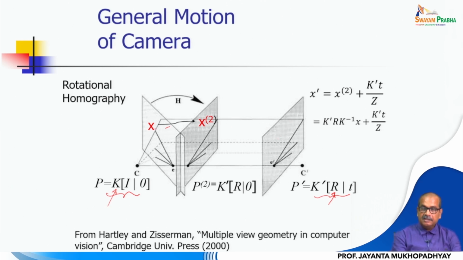We will find out what happens if I apply a rotation homography. We rotate it in such a way that these two planes become parallel, which means their relative orientation becomes the identity matrix.